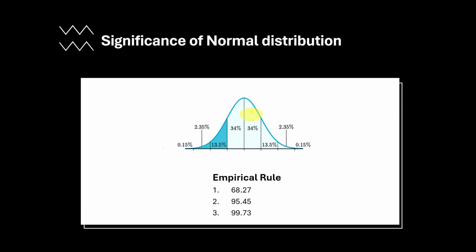This is 1, this area, this is 2, and this is 3. These are the empirical values. They don't change, you just remember them, and you might get an exam question, especially if you are appearing for an aptitude test. What's the empirical value for the 2.35? So you can put that in normal distribution. What's the empirical value? So you can put 99.73.